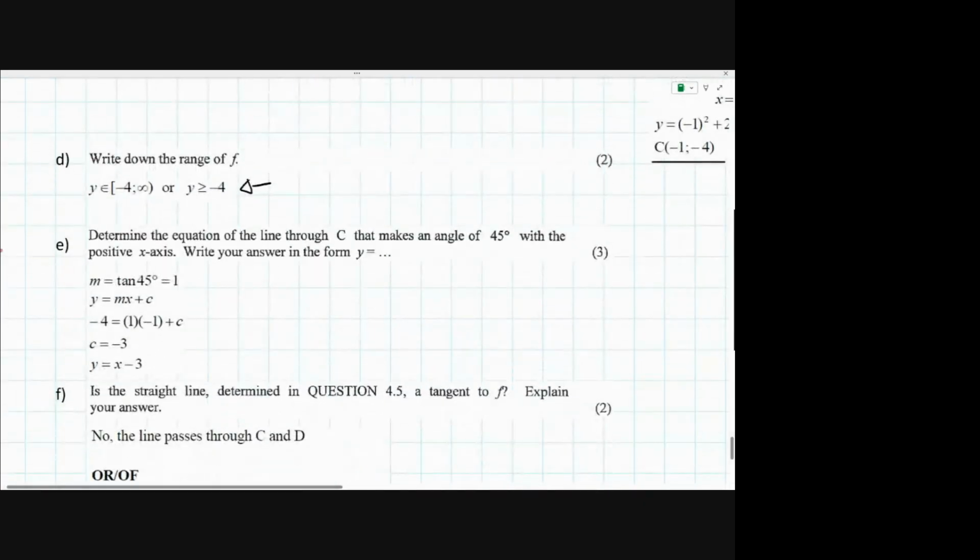Tan 45 equals 1, because tan of 45 degrees is 1, which means that your m value is 1. And then because we told you it passed through C and you had just worked out that C was at (-1, -4), you would substitute in that coordinate in order to calculate the y-intercept. And so you got that y was equal to x minus 3.